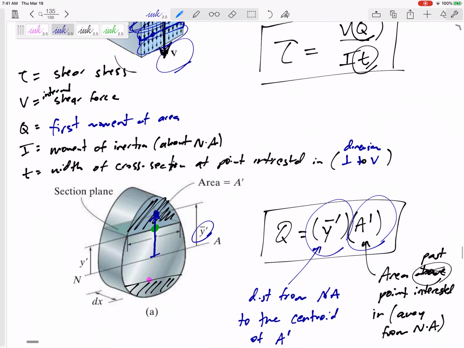Think about this A prime. What would be the A prime right at the very edge? There is no area past the point you're interested in. And so even though your Y bar prime would be a large value, your A prime would be 0. So that's why your shear stress is 0.